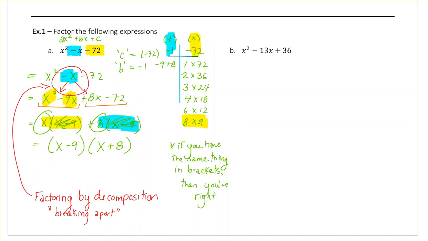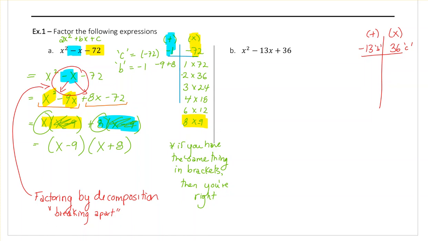Okay, again, next problem, x squared minus 13x plus 36. Draw that t-chart off to the side. Okay, what we're looking for is two numbers that multiply to our c value and add to our b value. In this case, our c value is 36. Our b value is negative 13.